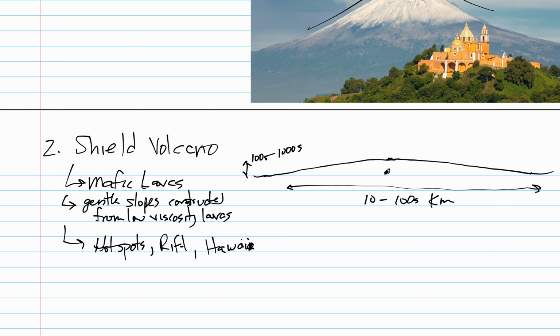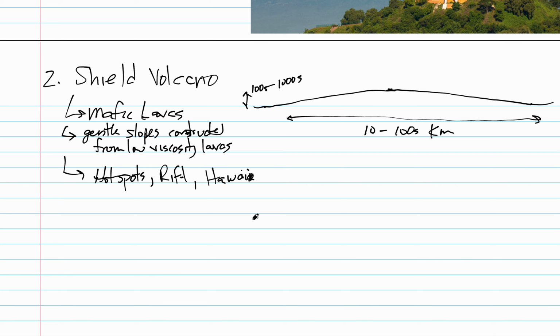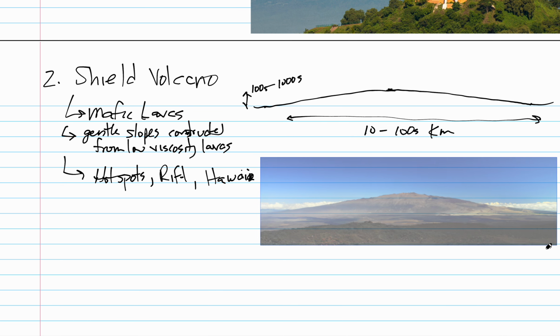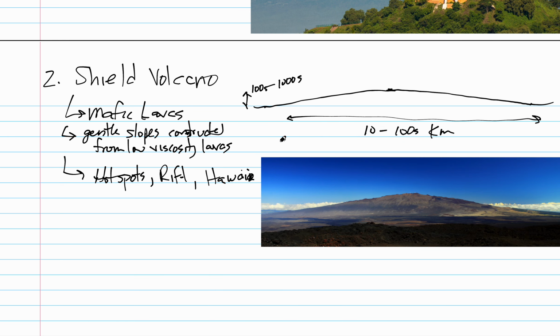Olympus Mons on Mars is huge, but it doesn't look huge because of those gentle, shallow slopes. We'll get a picture in here and move to the next. Let's put this picture right underneath my sketch, and you can see how gentle the slope of this Hawaiian volcano actually is. It's huge. It actually gets snow capped sometimes at the top, but it's gentle-sided.